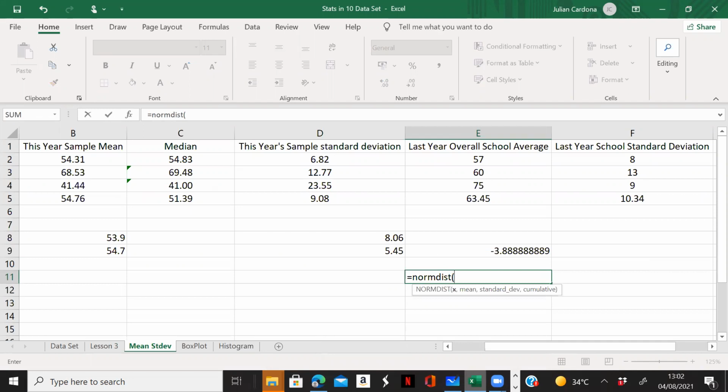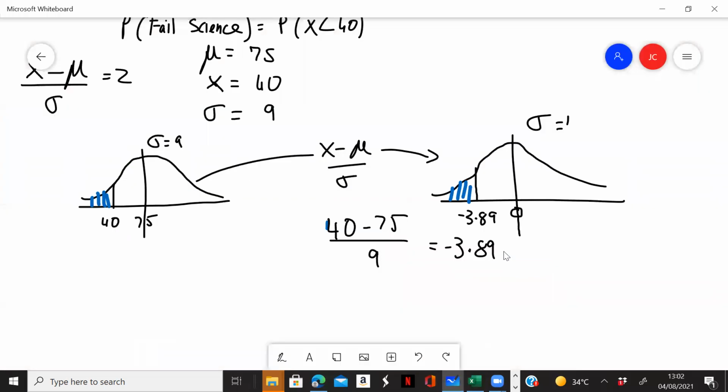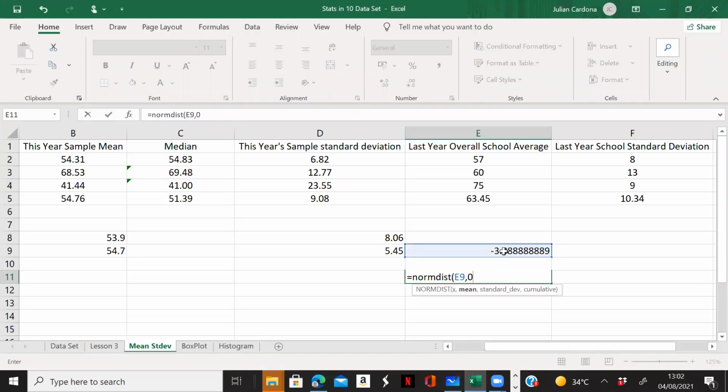The function asks me to input x. My x will be this number, minus 3.89. I need to input the mean. I am using a standard normal, so the mean is 0.